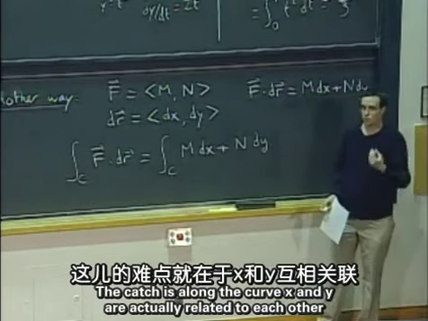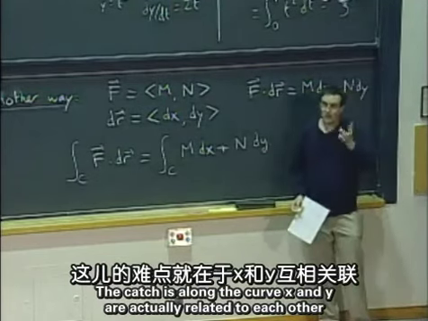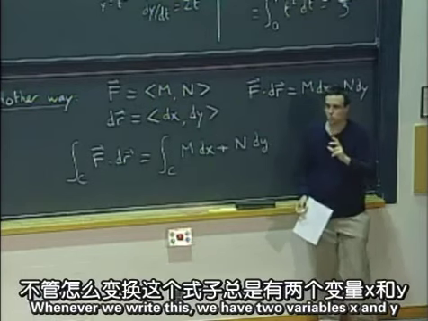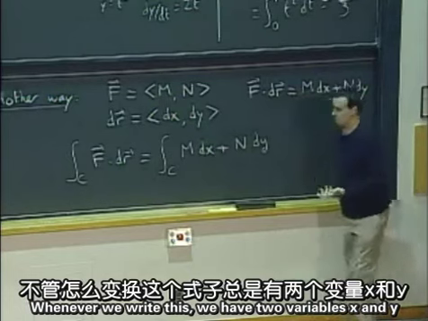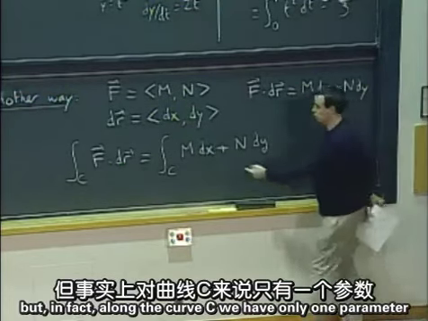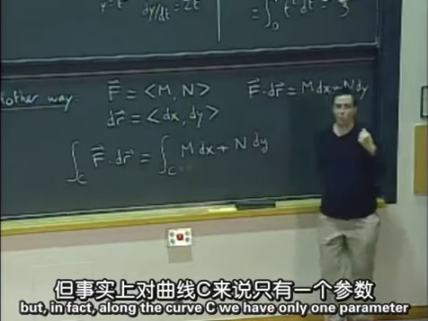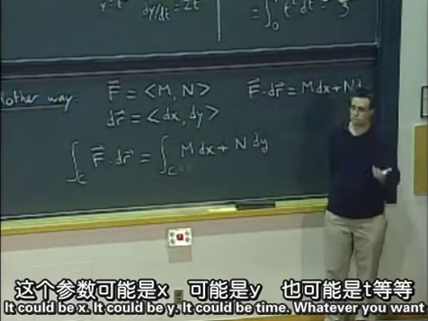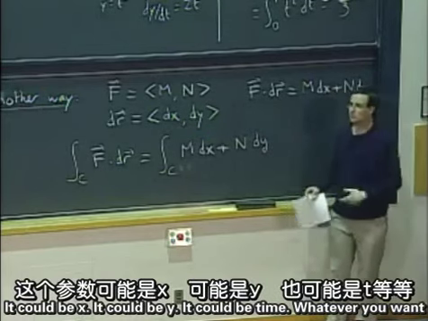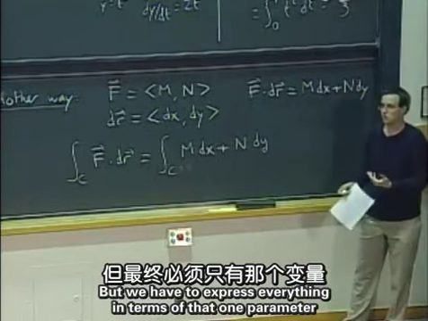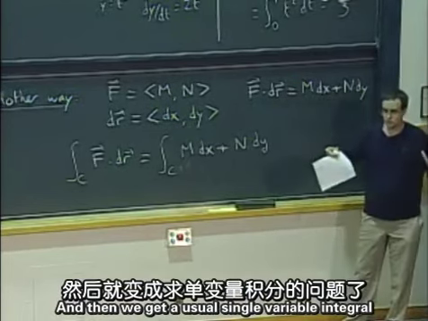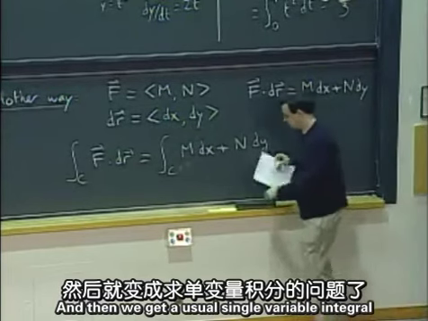The catch is, along the curve, x and y are actually related to each other. Whenever we write this, we have two variables, x and y, but along the curve C we have only one parameter. It could be x, y, time, whatever you want. But we have to express everything in terms of that one parameter, and then we get a usual single variable integral.